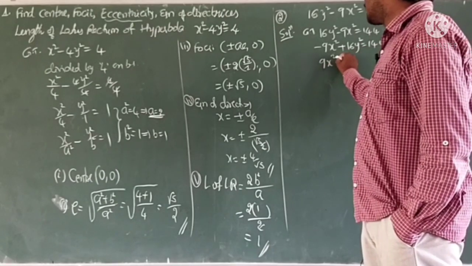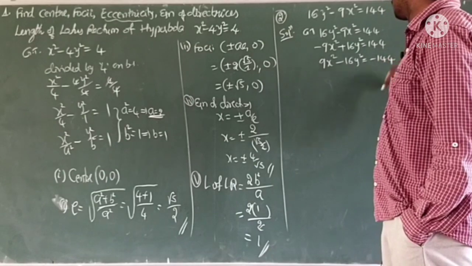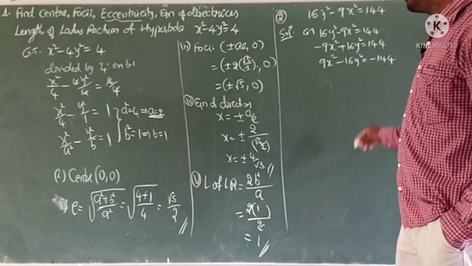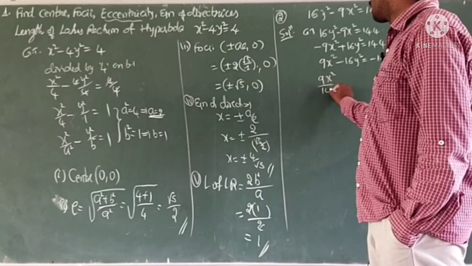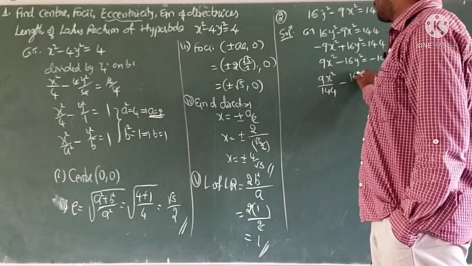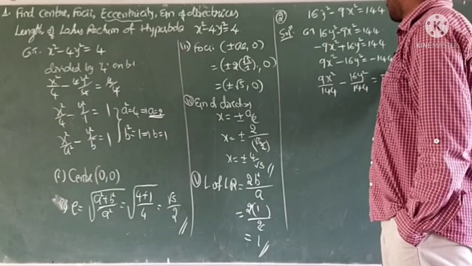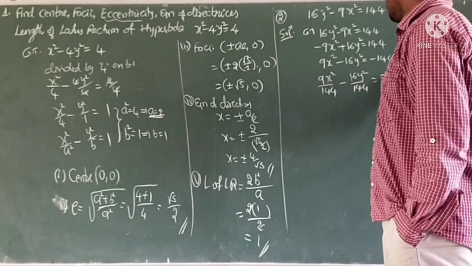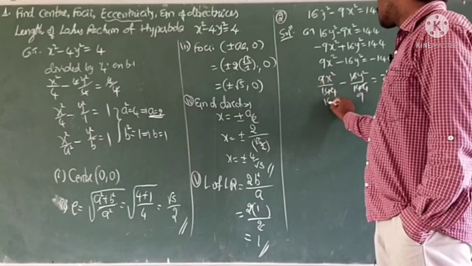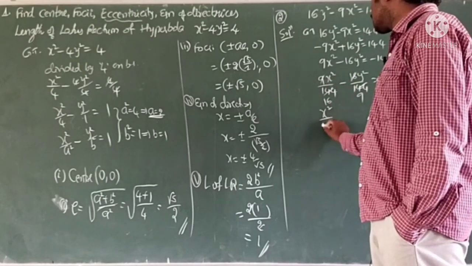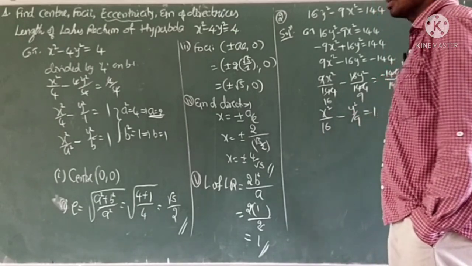I get 9x square minus 16y square equal to minus 144, and dividing by 144, we get 9x square by 144 minus 16y square by 144 equal to minus 144 by 144. So it cancels: x square by 16 minus y square by 9 equal to minus 1.